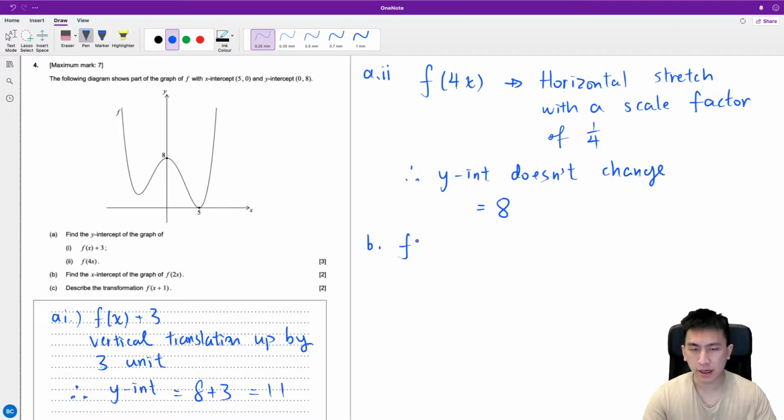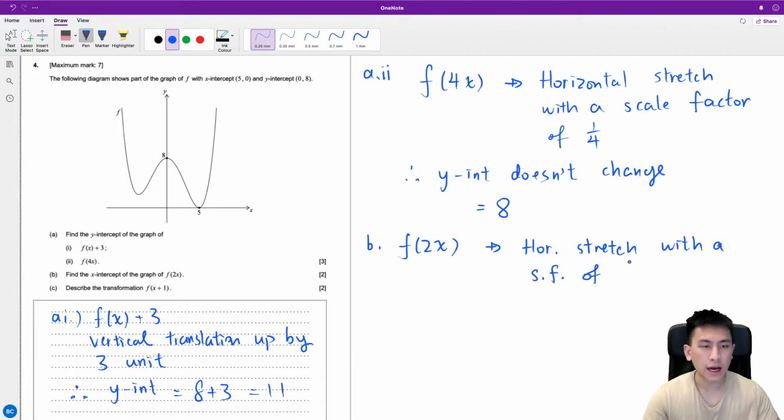You can write it like this. f(2x), you can just write, that would be, again, a horizontal stretch with a scale factor of a half, meaning it actually squeezes it by half. Therefore, that means this number is going to shift all the way to the half, which is 2.5 here. Therefore, the x-intercept would equal 5 divided by 2.